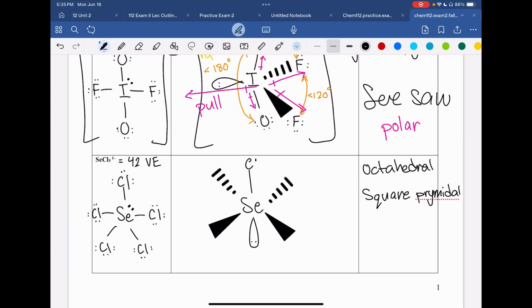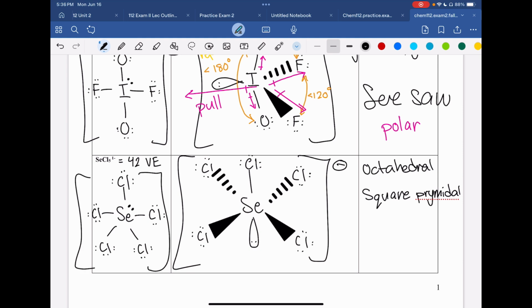Okay, chlorines, chlorine, chlorine. Put your dots. Now, don't forget, it is an ion. Do it for this one too.